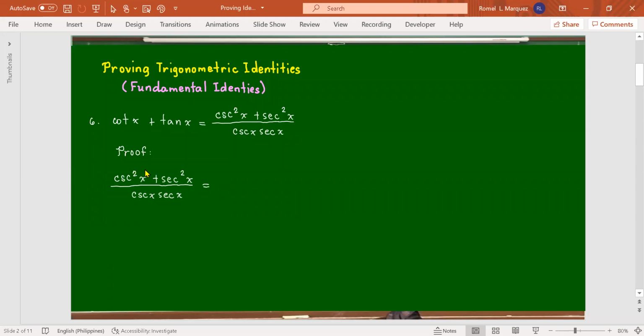In order for this to be expressed as a sum, we need to split this into two fractions. So we get cosecant squared x over cosecant x secant x, then plus secant squared x over cosecant x secant x.